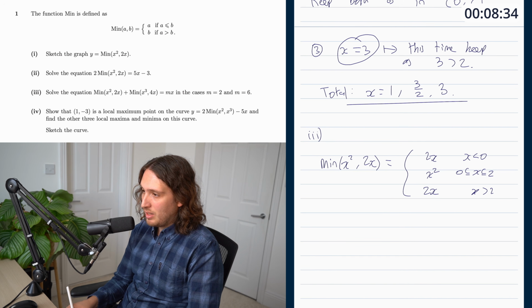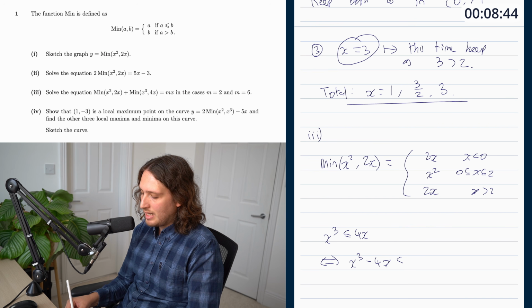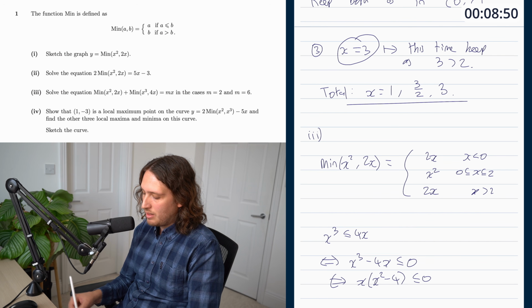And then as for the other one, when is x cubed less than or equal to 4x? Well, that's equivalent to x cubed minus 4x less than or equal to 0. That's equivalent to x squared minus 4 less than or equal to 0. That's equivalent to (x minus 2)(x plus 2) less than or equal to 0.